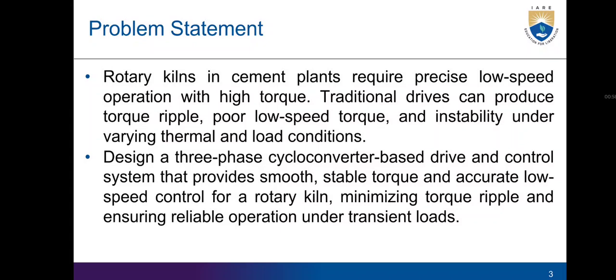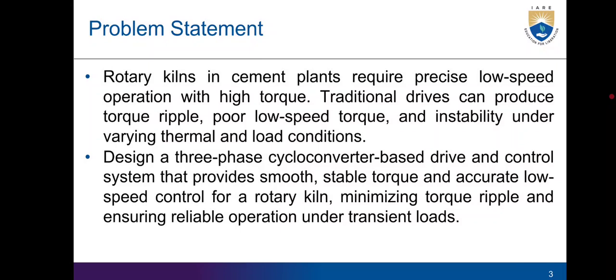Problem statement: a rotary kiln in cement plants requires precise low speed operation with high torque. Traditional drives can produce torque ripple, poor low speed torque, and instability under varying thermal and load conditions.